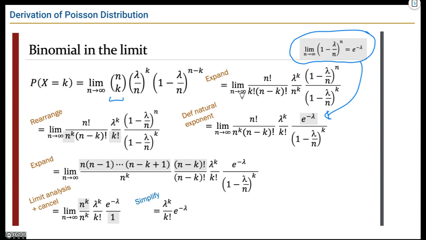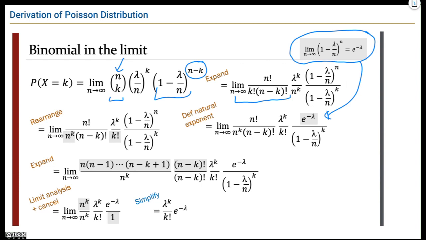The first step I'm doing is just expanding the definition of the binomial coefficient, n choose k. And then I'm also expanding this. I'm writing this as this to the n over this to the k. That's equivalent.